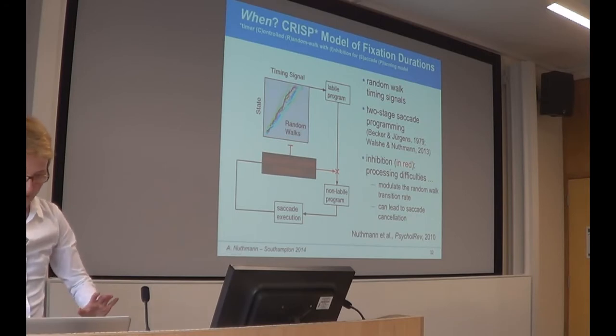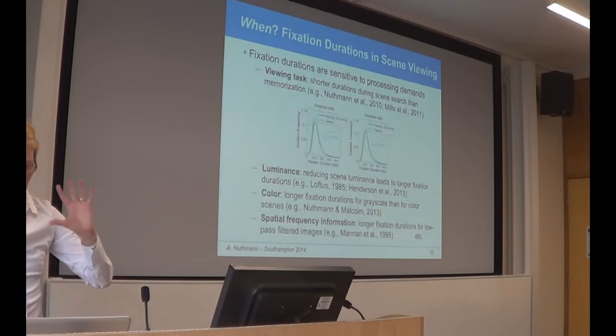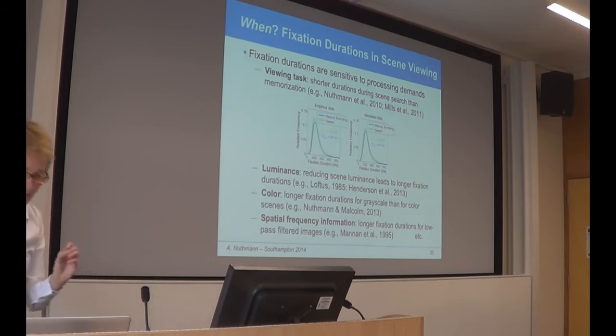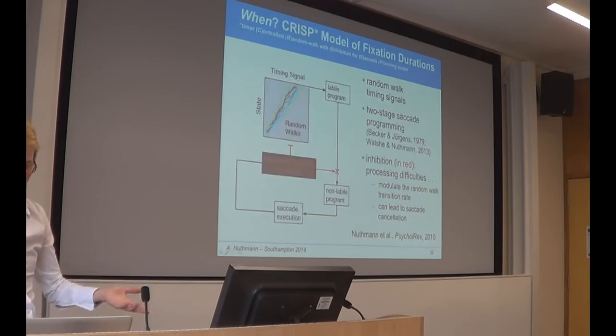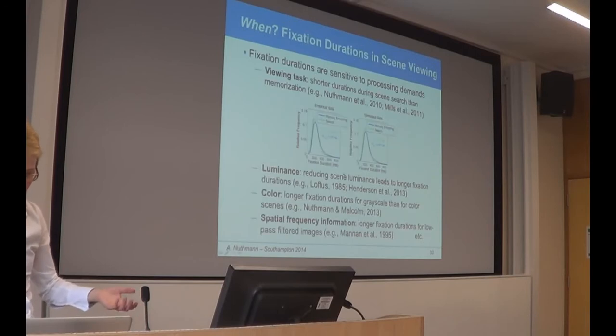But really, I want to focus on the basic idea, and that is that the durations of those fixations are sensitive to those moment-to-moment processing demands or task effects. So for example, we know that fixation durations are slightly shorter in visual search than in scene memorization. That's also something we've simulated.